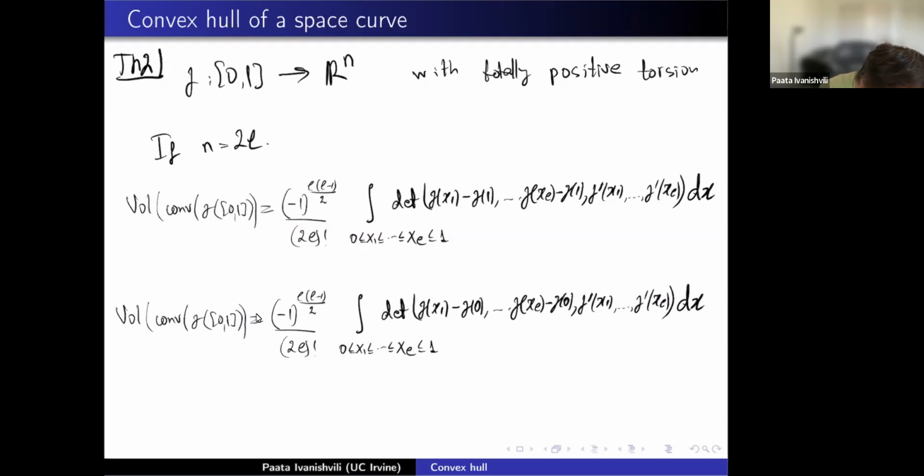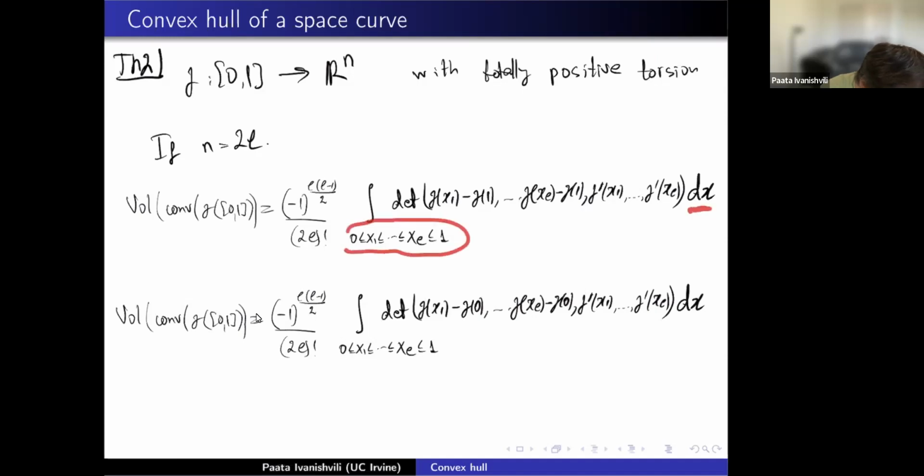So you take the determinant of gamma(x_1) minus gamma(1), etc., gamma(x_l) minus gamma(1). And then you put gamma prime(x_1), gamma prime(x_l), and then you integrate in x. x is the vector x_1, ..., x_l over this simplex, which satisfies this.